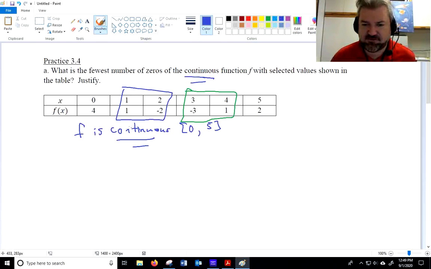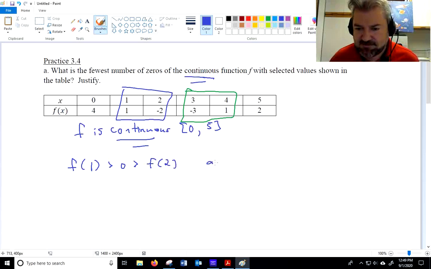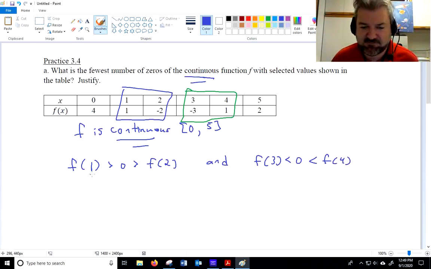So look carefully, okay? I'm going to say that f of 1 is greater than 0, which is greater than f of 2, and f of 3 is less than 0 and less than f of 4. So that's my documentation that I have established 2 different intervals that don't overlap where the IVT guarantees the existence of a value.